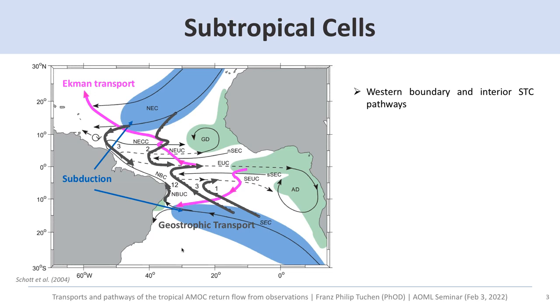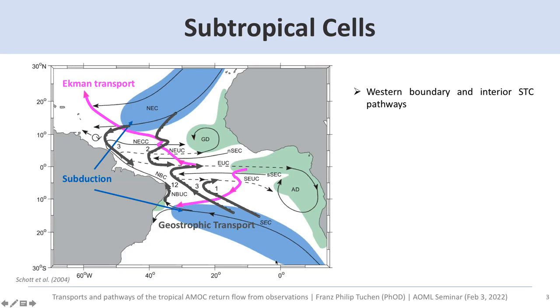So basically, what is shown here are two pathways. For one, the western boundary pathways, and then on the other side, the interior pathways, also accounting for the interaction with the zonal current system here in this zigzag pattern.